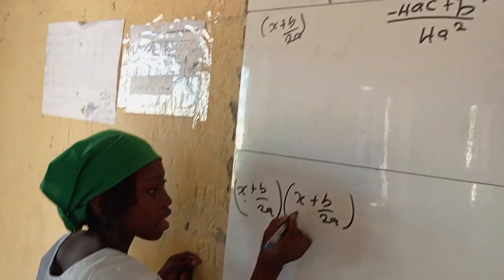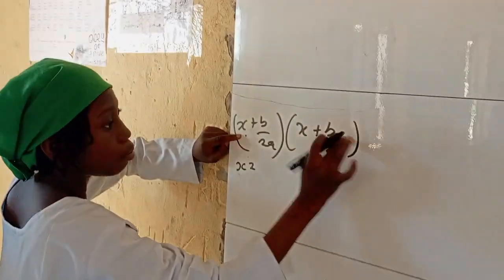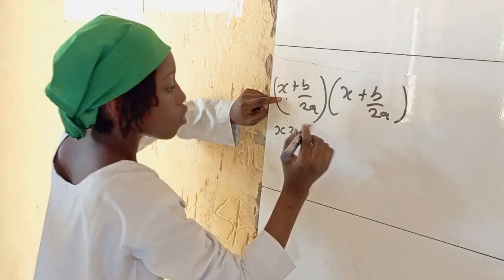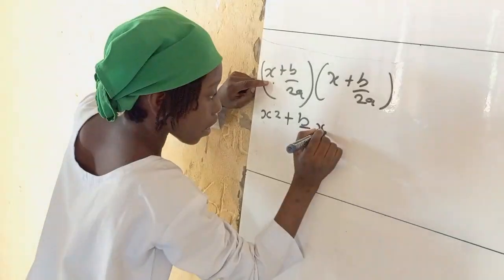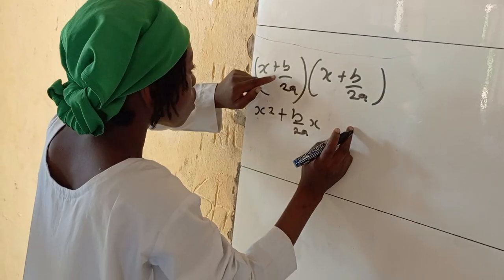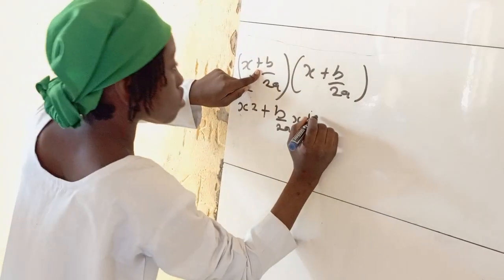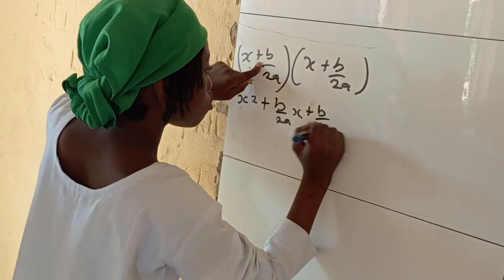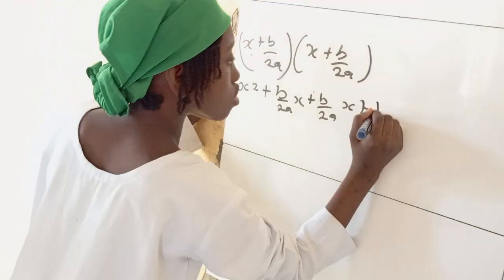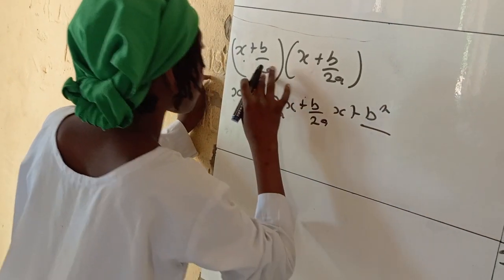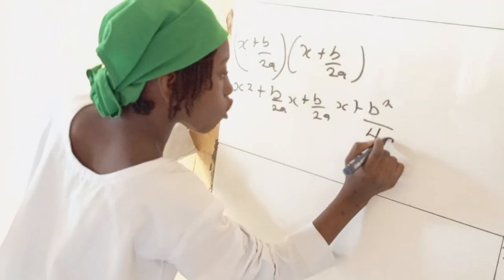Let's try it. x times x, x squared. x times b over 2a will give us b over 2a x, plus this times this will give us b over 2a x, plus b times b, b squared, all over 2a times 2a, 4a squared.